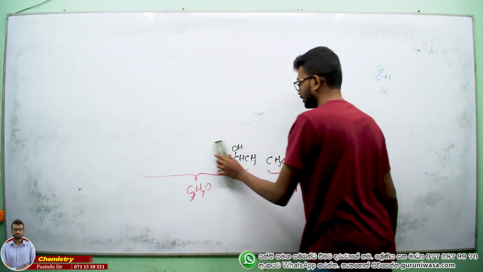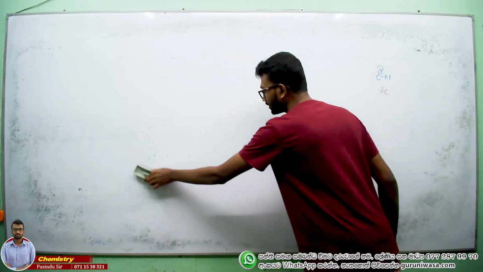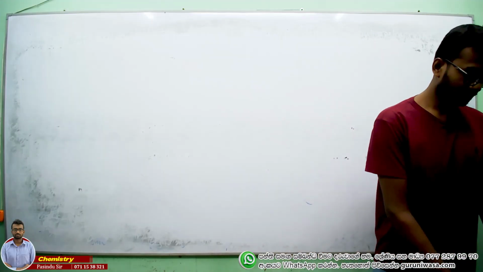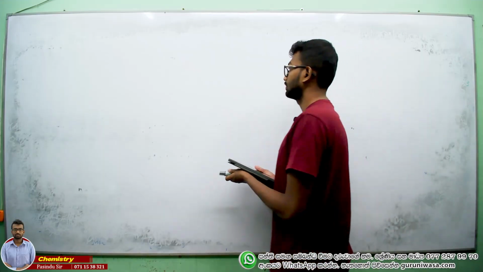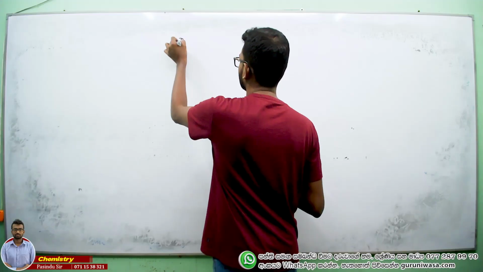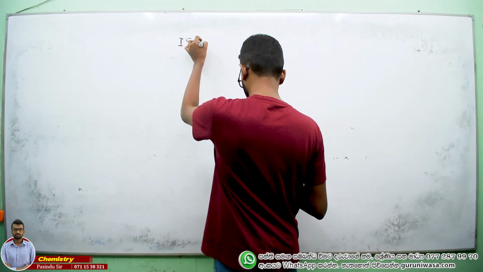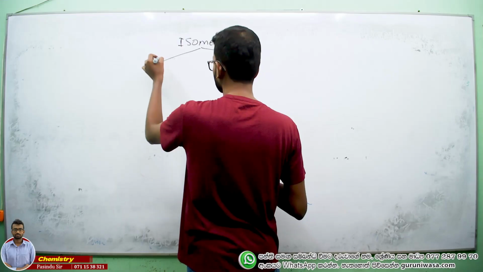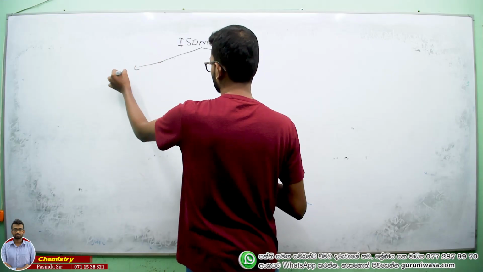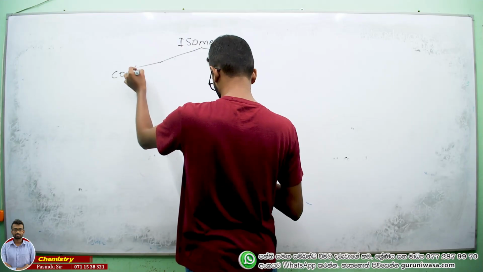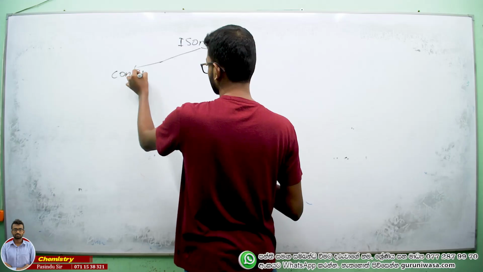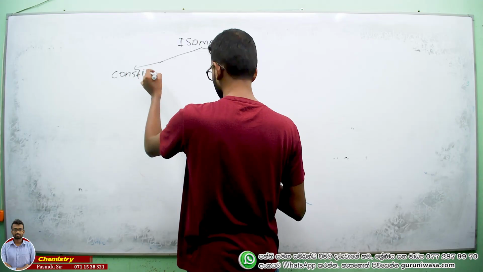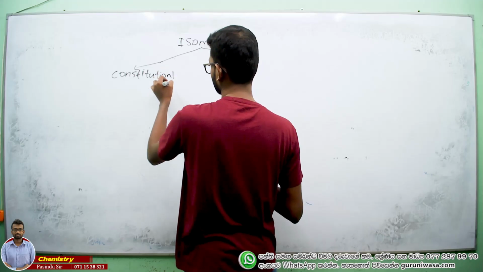So isomers are mainly divided into two types. In your level, isomers are mainly divided into constitutional isomers.